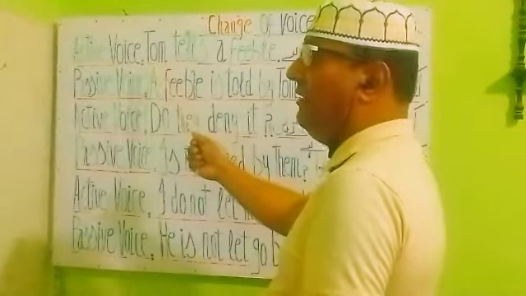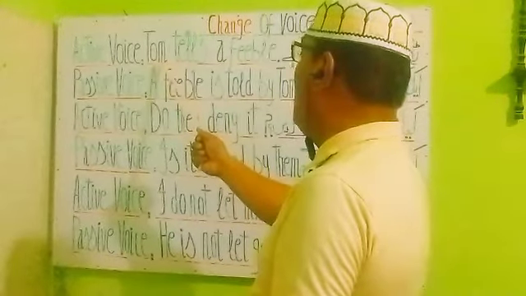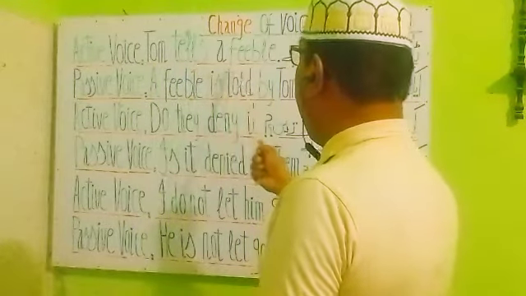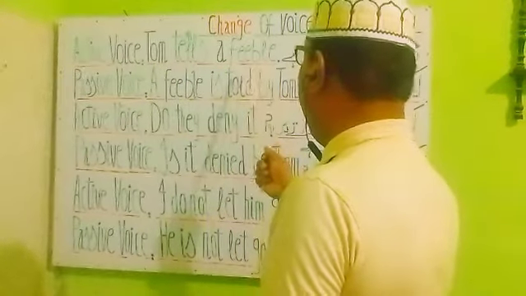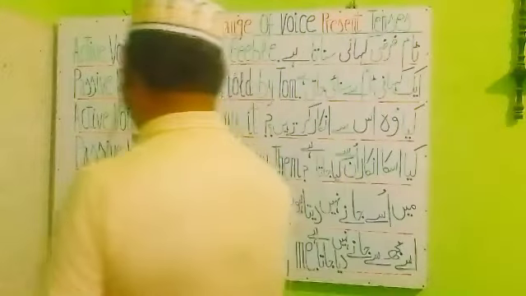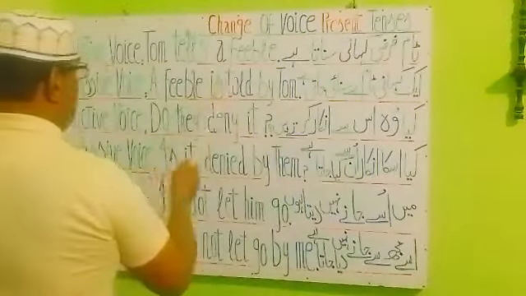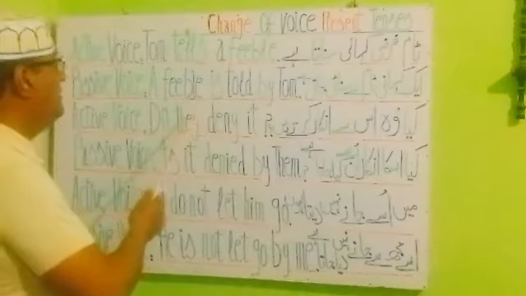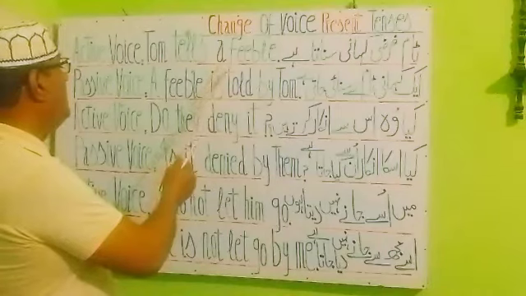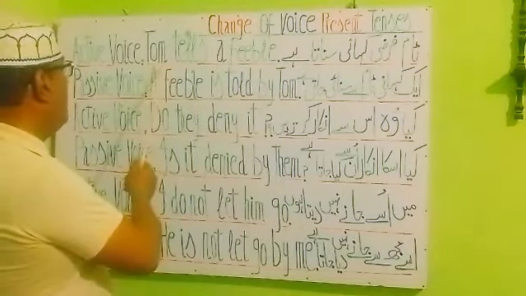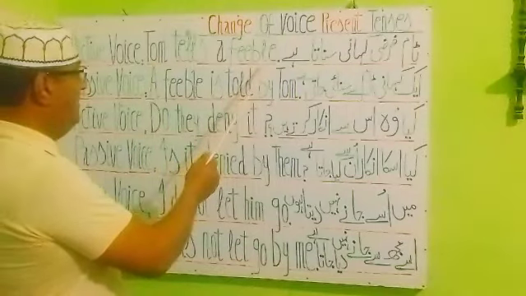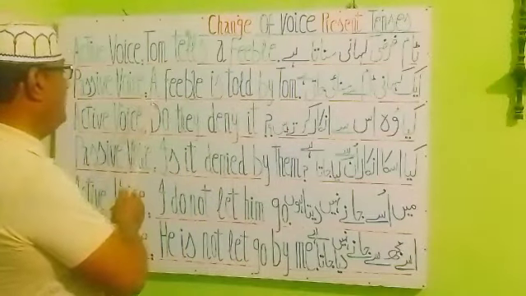Here you see that in present tense, Tom is a subject, tell is a verb, and a fable is an object. By rules, when we change a present tense to a passive voice, we replace and shift the subject and the object while we write the passive voice.